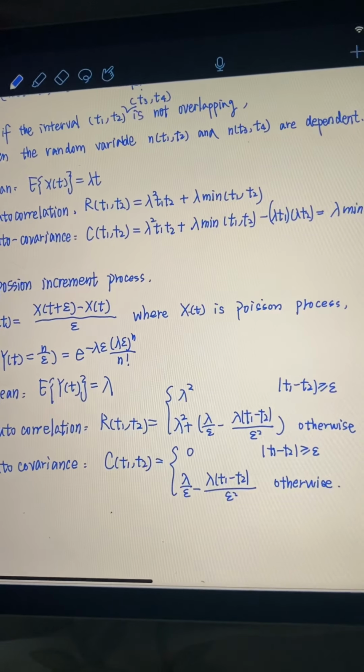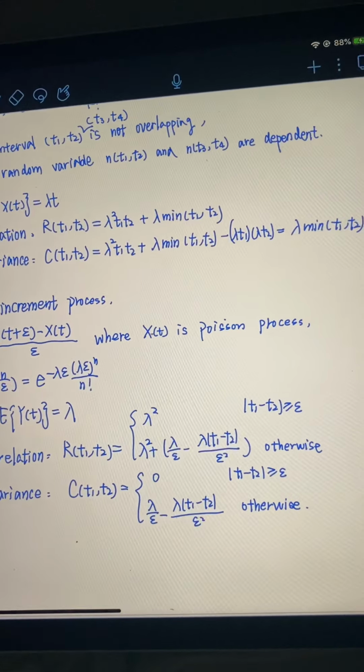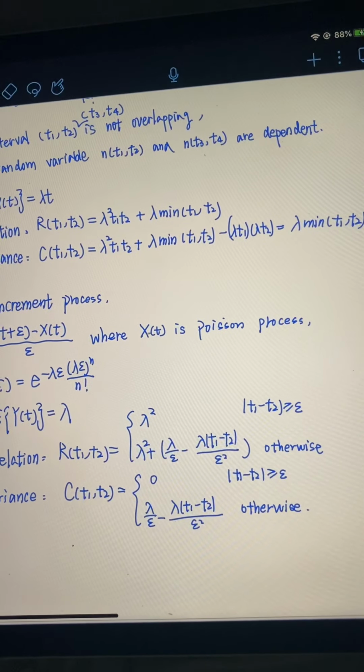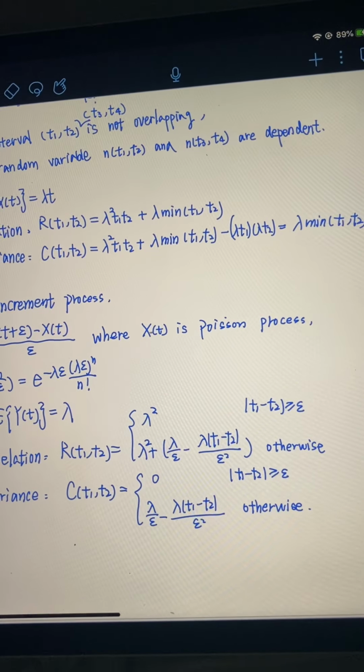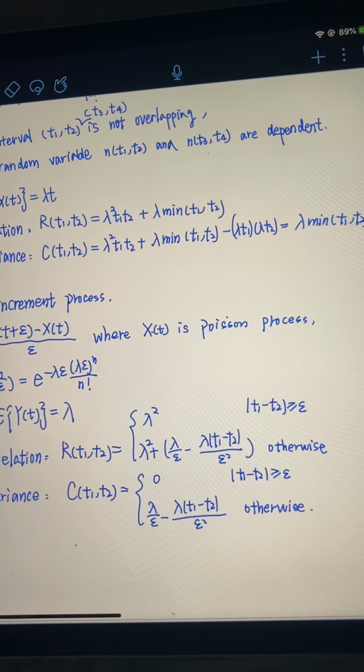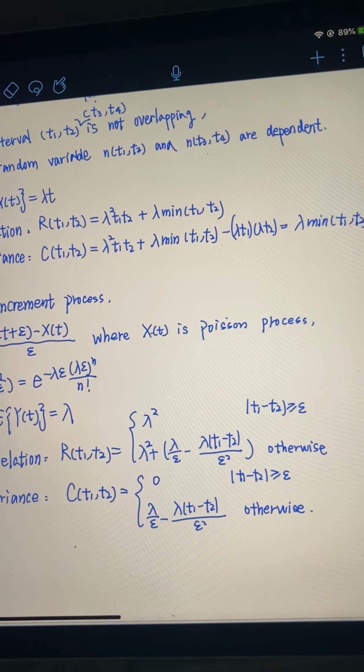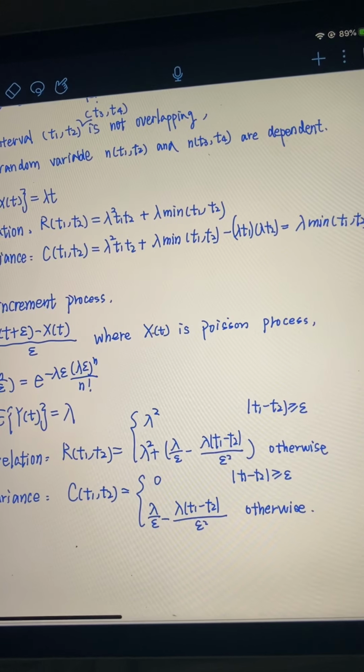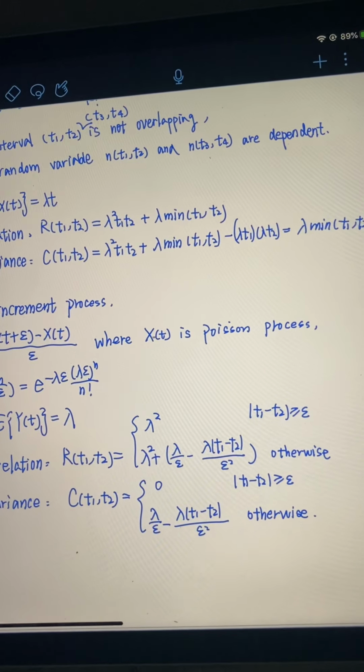And C(t1, t2) is equal to 0 when the absolute value of t1 minus t2 is larger than epsilon. Otherwise, it is equal to lambda divided by epsilon minus lambda times |t1 minus t2| divided by epsilon squared.